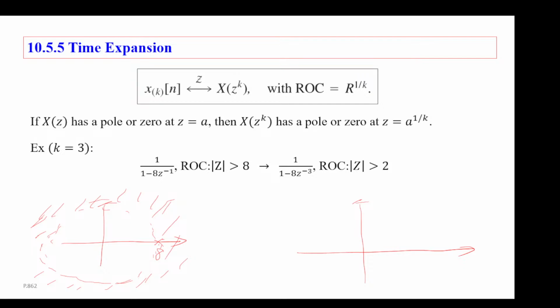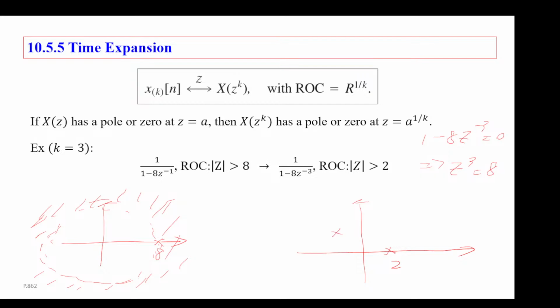We want 1 minus 8 z to the minus 3 equal to 0, and that means z cubed equals 8. Obviously there is a pole at z equal to 2. But we are in the complex domain, so there are actually 2 other poles.